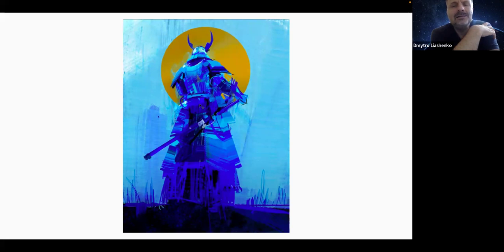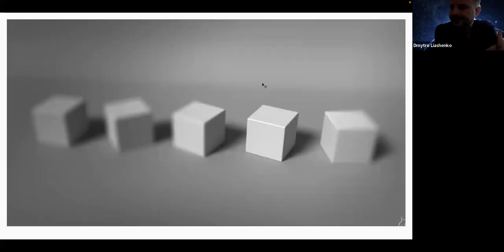Here you can see light represented as a kind of yellow circle or probably the sun, that also makes us look at the particular part of the picture.